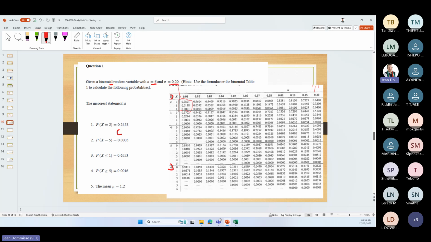And they tell us that pi, or the likelihood score, is 0.2. So we are going to look at this component here in the corner where it is n 6 and 0.2.